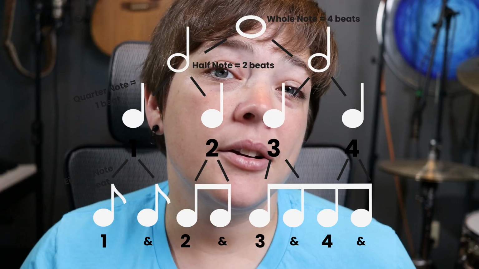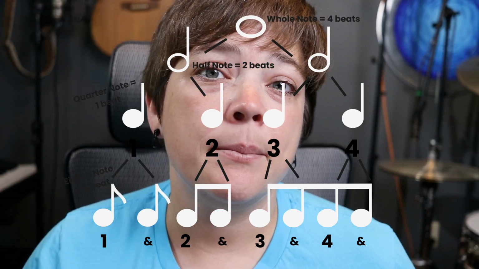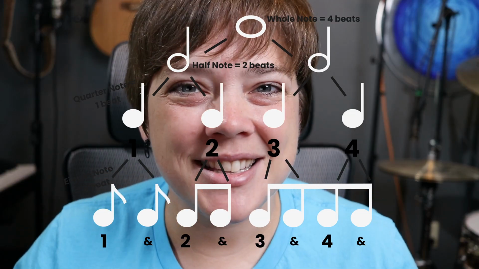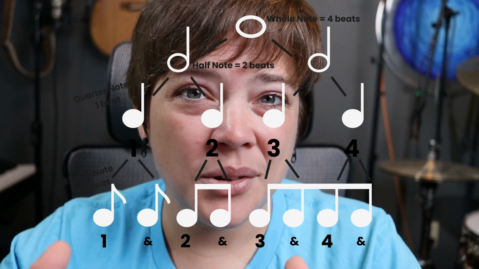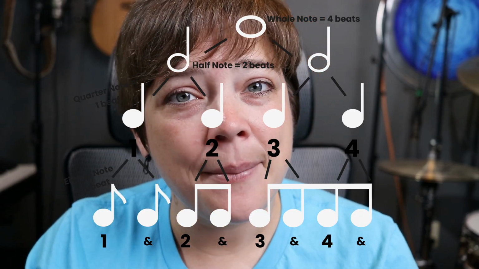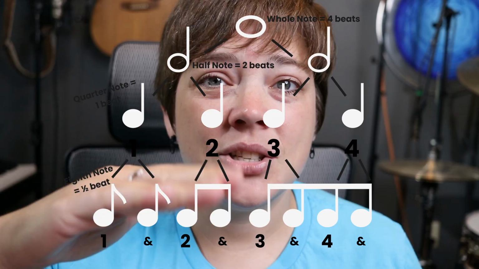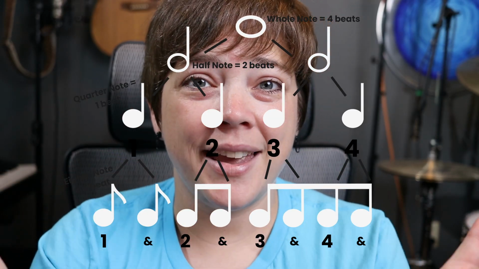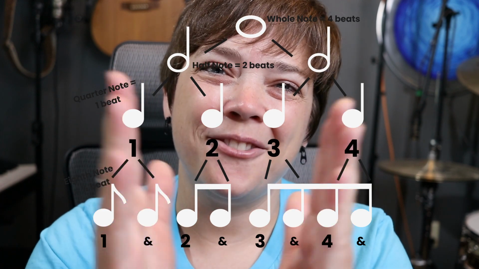So we count our eighth notes using down and up beats. The up beats are the ands, and the down beats are the 1, 2, 3, 4. You could think of it like you're tapping your toes or clapping. 1 and 2 and 3 and 4 and.